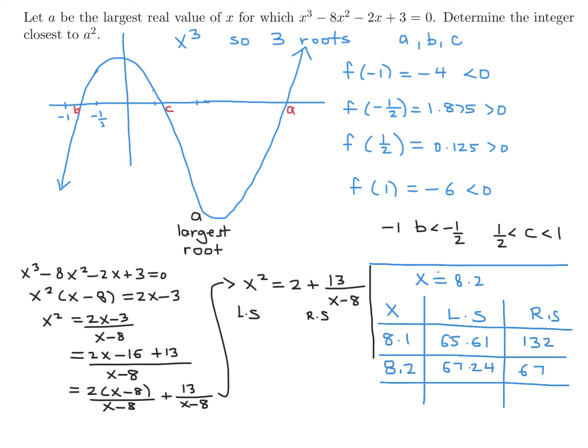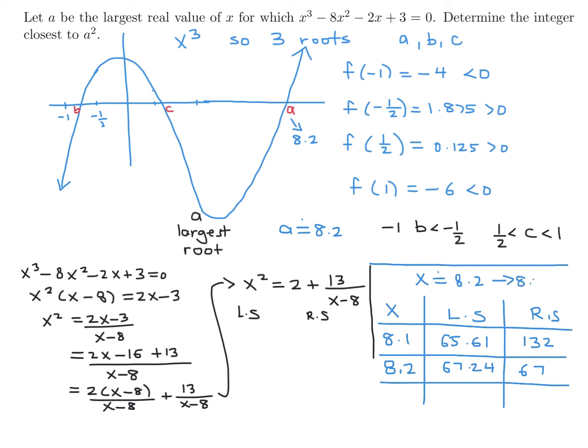And therefore, since x is a root, then that means this a must be approximately 8.2. And that makes sense because a is the largest one. So a is approximately 8.2. And what do they want? They want a squared. Well, a squared would be, I guess, 8.2 squared.